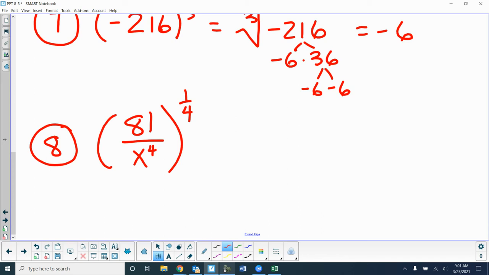All that means is take 81 to the 1/4 power and x to the 4th to the 1/4 power. Okay? Just do them separate. Or you can think of it like this.